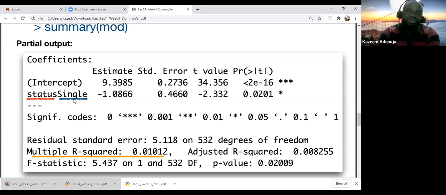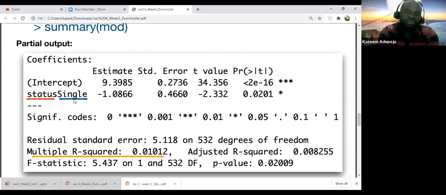If beta 1 equals 0, what happens? You're going to notice that if beta 1 equals 0, then we're trying to say that single and married have the same experience in terms of the wage.